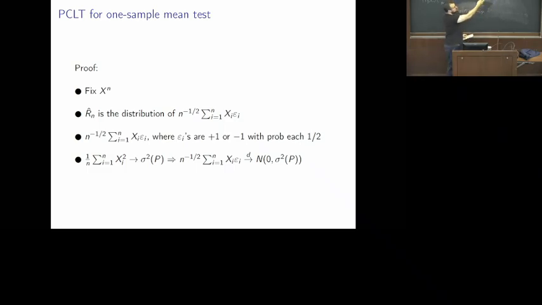Since I'm drawing g from the set of vectors with all zeros and ones, I want to think of this epsilon as uniformly distributed on minus 1 and plus 1.